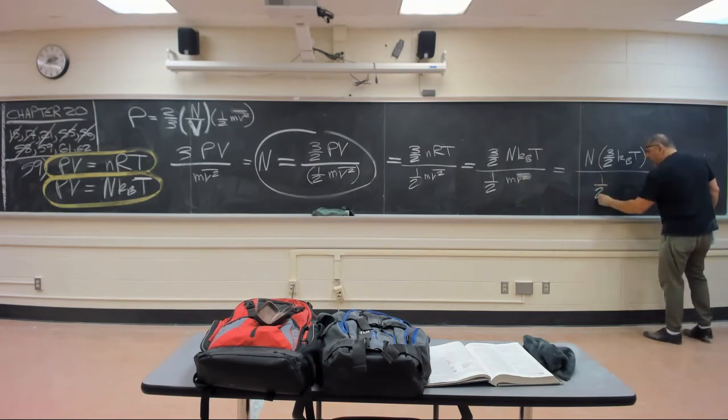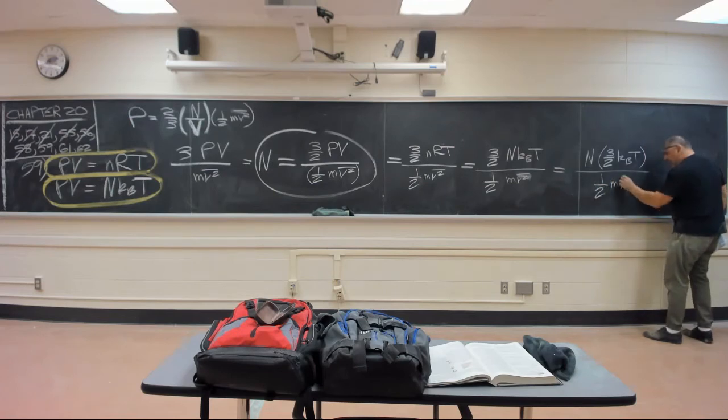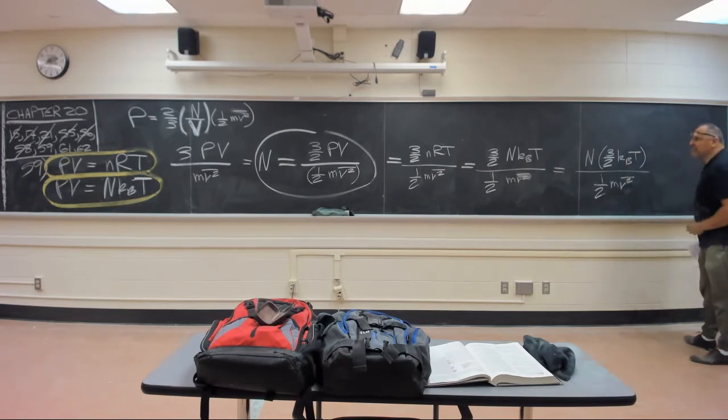And every particle's got this much kinetic energy, which is the same as this, 3/2 kBT. So that's what I was saying. I had the 3/2 a little bit off there on that. But that's it.